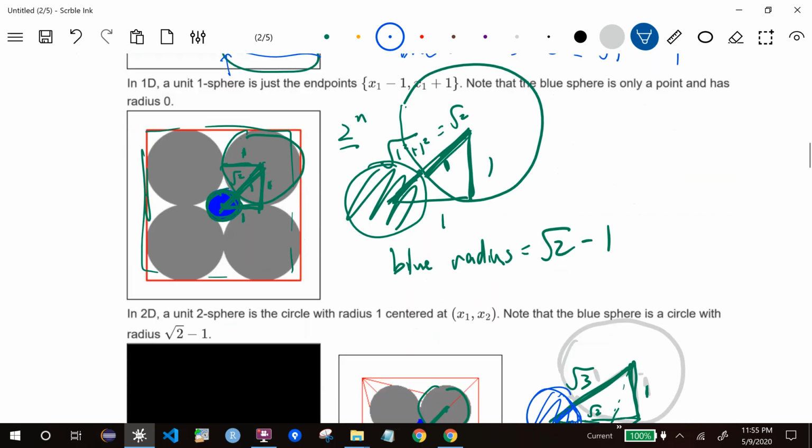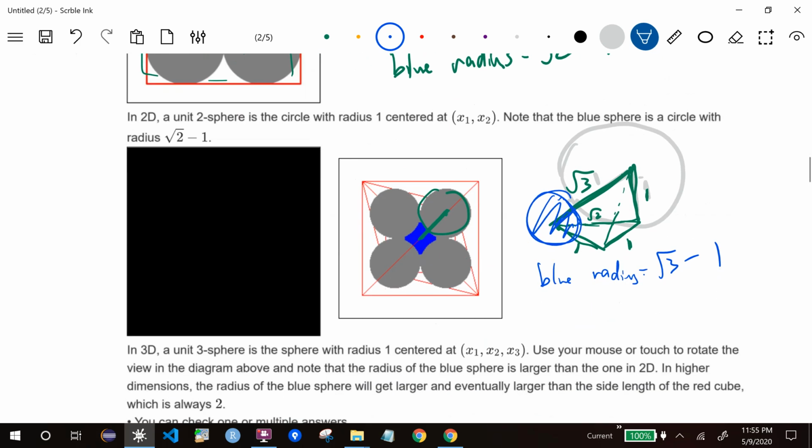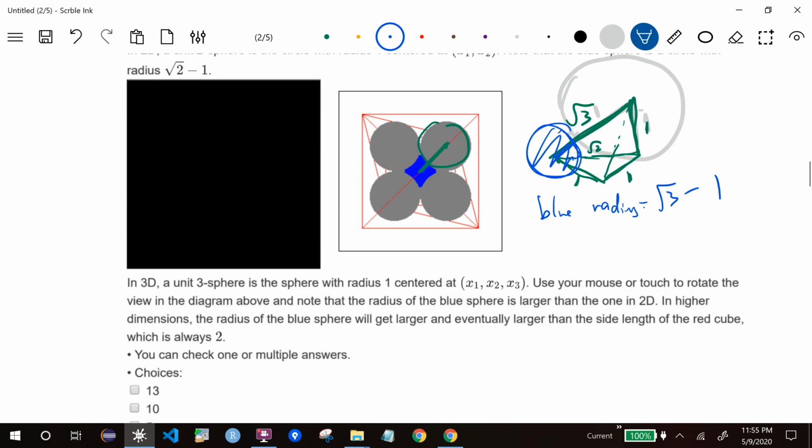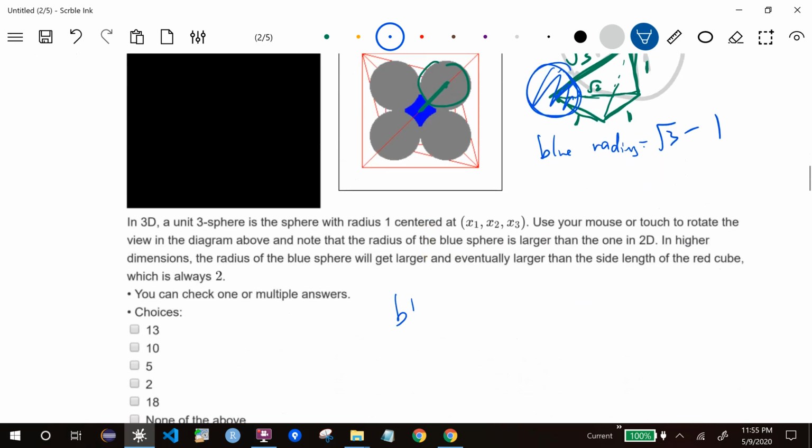So it seems the pattern is that the blue sphere radius, so also in higher than 3 dimensions, no longer called a sphere, it's called a hypersphere. But in any case, it's square root n minus 1.